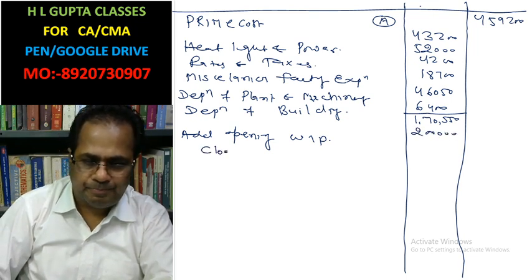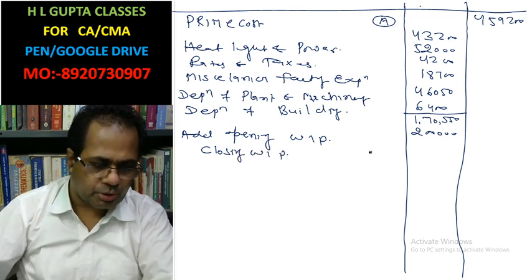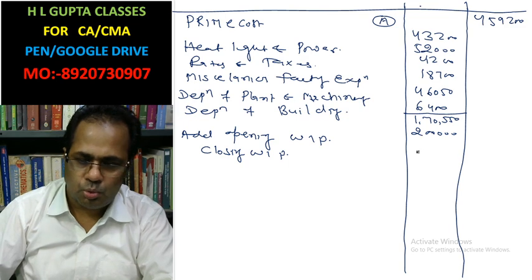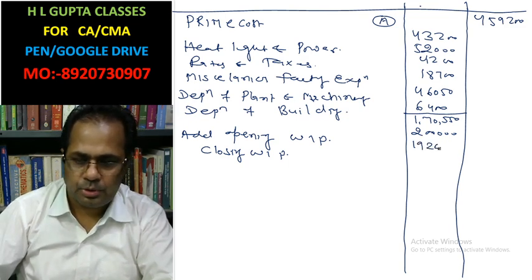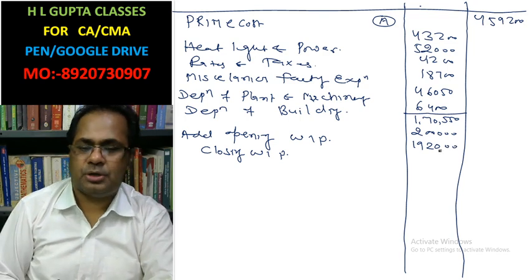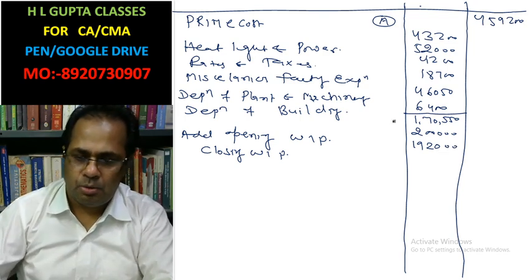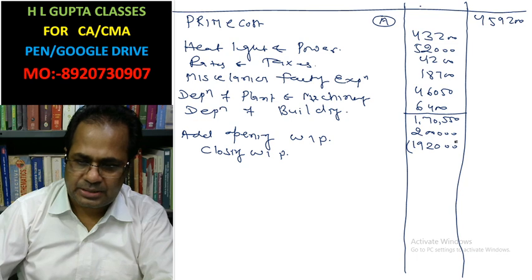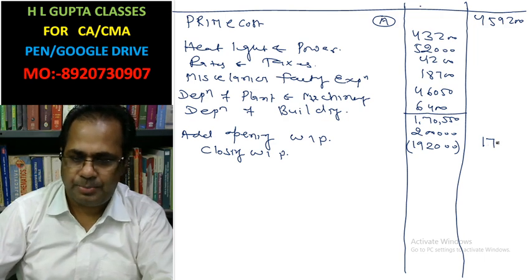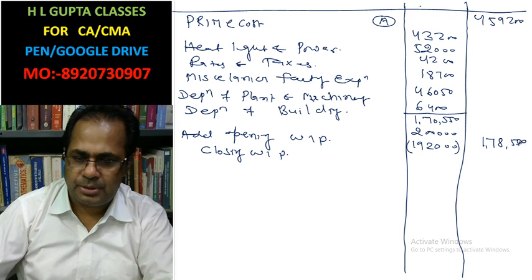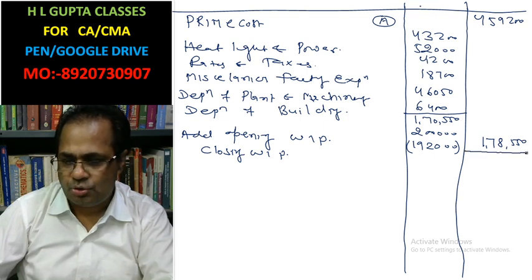Closing work in progress 1,92,000. Now after this is the subtraction. After this you will get 1,78,550.